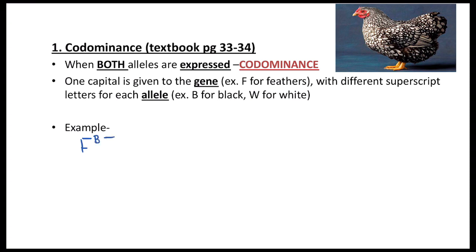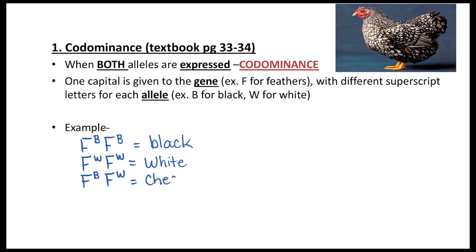F^B would mean black feathers. F^W would be white feathers. And if you had F^B and F^W together, we would have what is called checkered feathers.